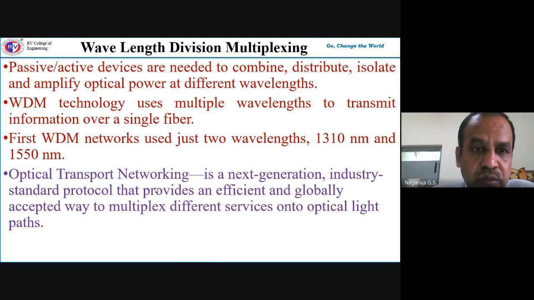More and more migration is happening from Ethernet technology to optical fiber technology. You will get to know there will be many more things relating to these types of multiplexing.